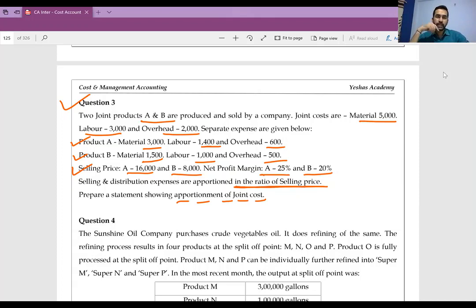Sir, everything looks okay. But where is the selling and distribution cost, sir? I know that's the doubt. Read the whole question again. I will wait for 30 seconds. Read the whole question again and tell me how to find out selling and distribution cost.